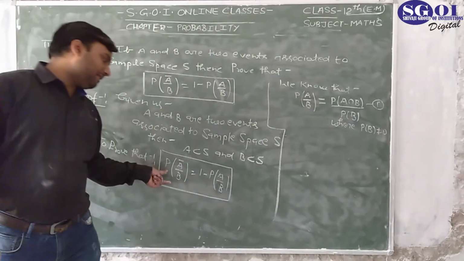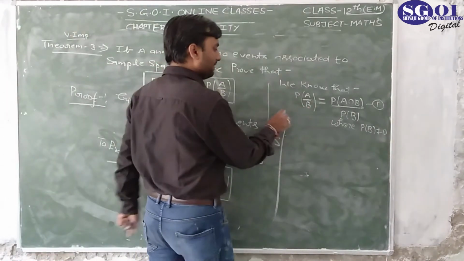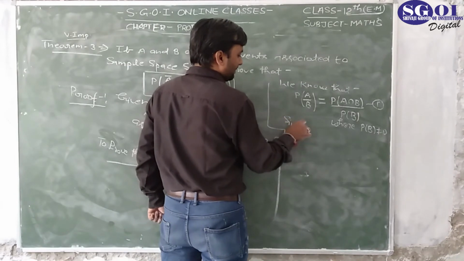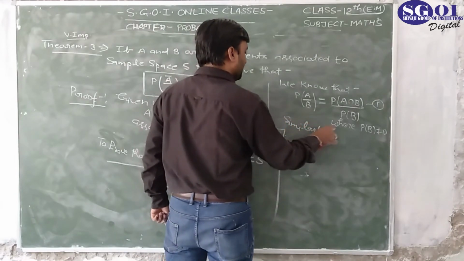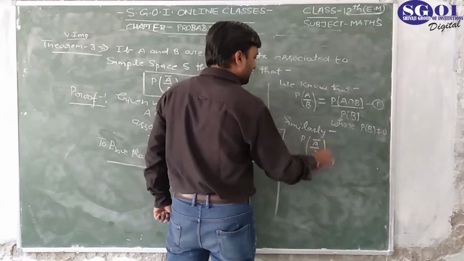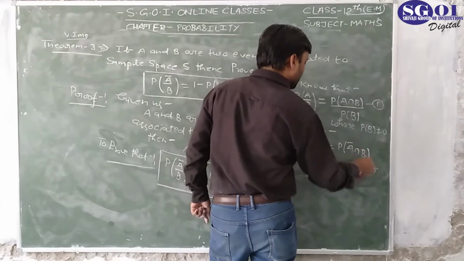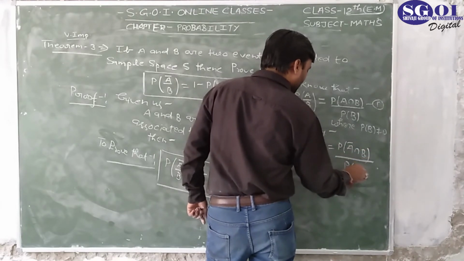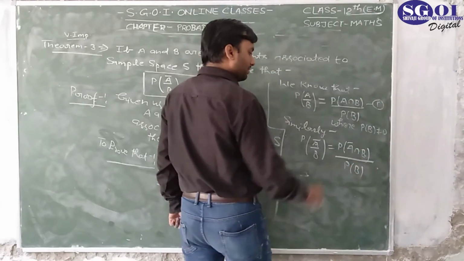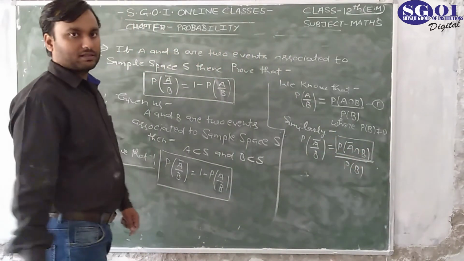So what is the definition of probability A bar by B? In the same way, we can write probability A bar by B is equal to probability A bar intersection B upon probability of B. So I will use the formula of this particular box.